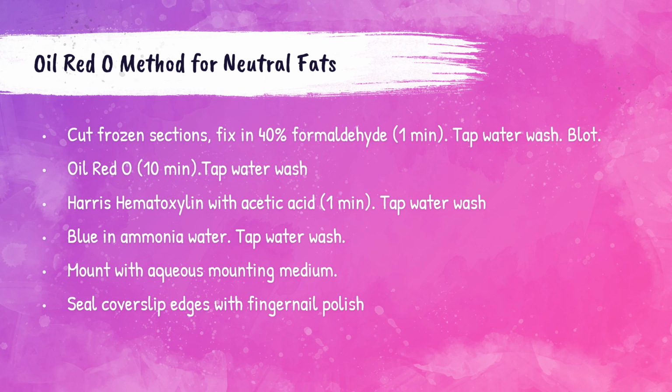Then it needs to be stained with Harris hematoxylin with acetic acid for 1 minute, then washed again with tap water. The sections then need to be blued in ammonia water, then washed once again with tap water. At this point, the section needs to be mounted with aqueous mounting medium, with the cover slip edges being sealed with fingernail polish.